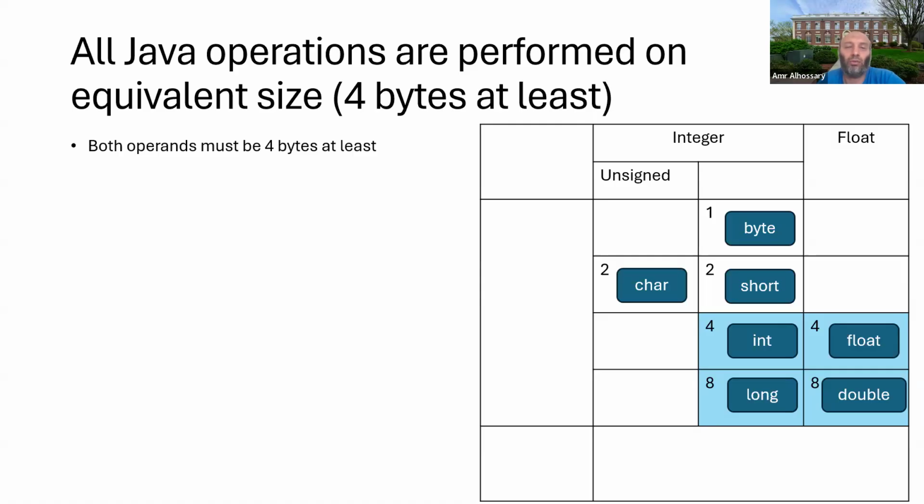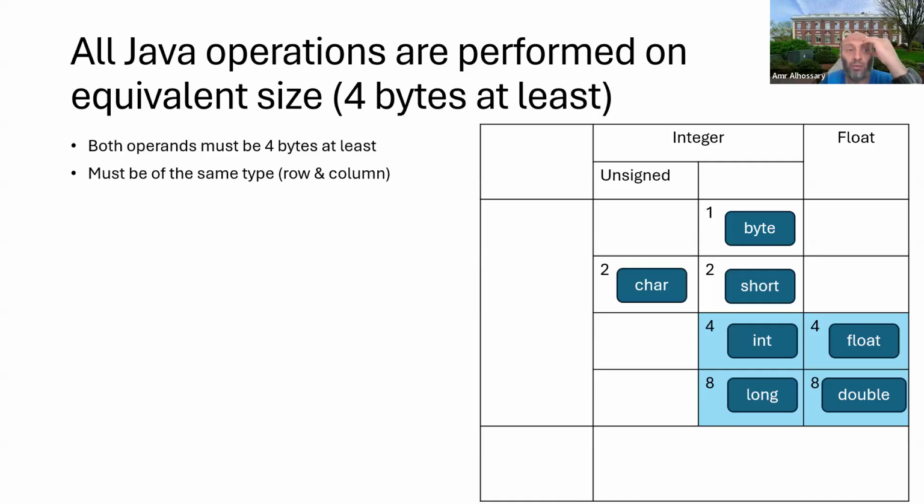I need to confirm that all Java operations are performed on equivalent size operands of at least 4 bytes size. Equivalent in size and type, at least 4 byte size. So both operands must be at least 4 bytes and must both be of the same type, which means they belong to the same column and the same row.